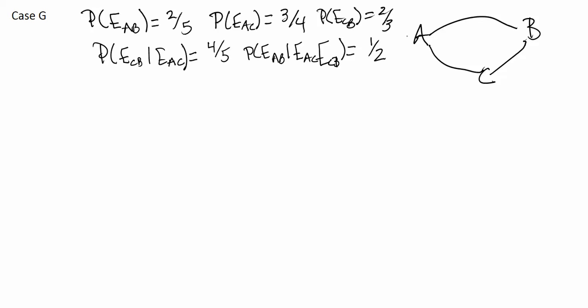And again, the event is that the particular route is open. So probability of event AB means there's a 2/5 probability that that road from A to B directly is open.